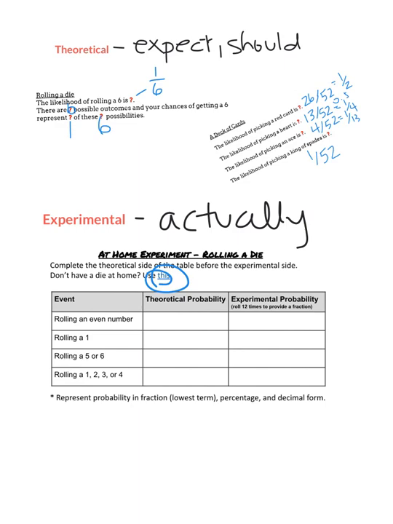So I'd like you to conduct, using the virtual die or a die of your own, experimental probability of each situation. For rolling an even number, you're going to take your die and roll it 12 times. You can keep a tally chart at home of how many of those 12 times you rolled an even number. Then you're going to put that in this section of your table. Since you're conducting the experiment 12 times, you're going to have 12 as your denominator, and your numerator will be however many times you rolled an even number.